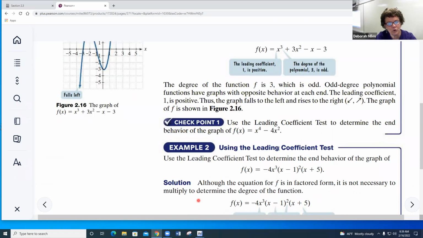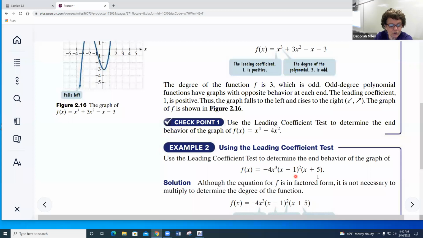And example 2, make sure when you're getting the degree of this polynomial, you count the degree of all the x's as if they were all multiplied together. This is actually an x squared if you multiply x minus 1 times x minus 1. So this is 3rd degree. 2 more x's would make it 5th degree. 1 more x would make it 6th degree.